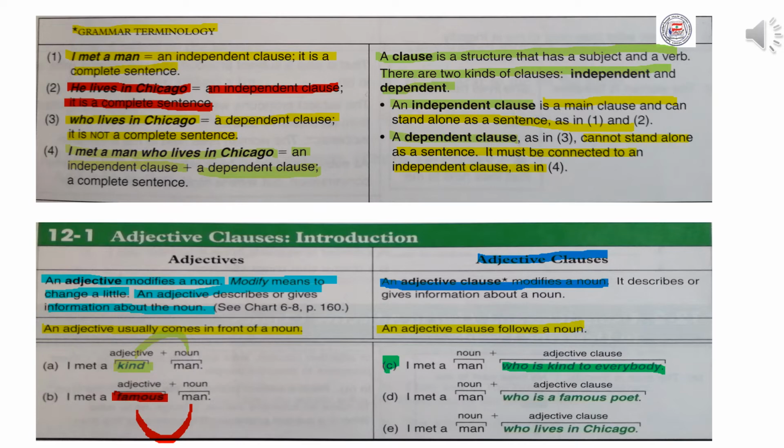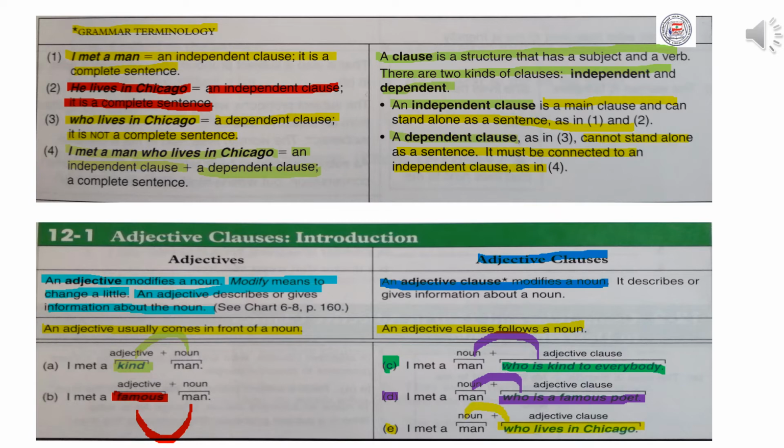Who is kind to everybody is an adjective clause that is connected to the noun man. So the adjective clause in this sentence modifies or describes the noun man. In D, I met a man who is a famous poet. Who is a famous poet is also an adjective clause that describes the noun man. In E, I met a man who lives in Chicago. This is also an adjective clause that describes the noun man.